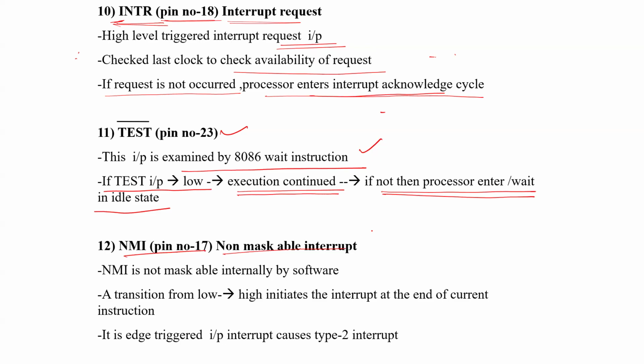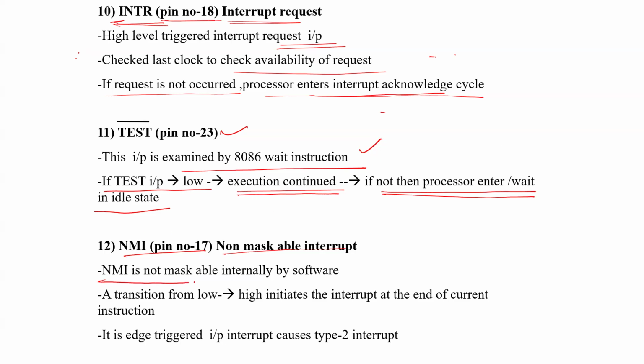It is called maskable interrupt. Some interrupts the microprocessor is not able to rectify, manage or handle. At that time, it is called non-maskable interrupt. So there are two types of interrupts, maskable and non-maskable.